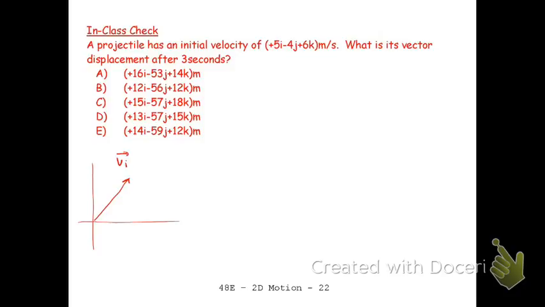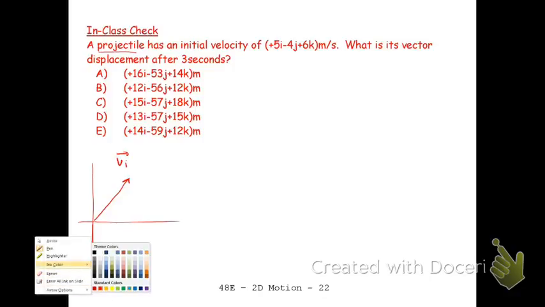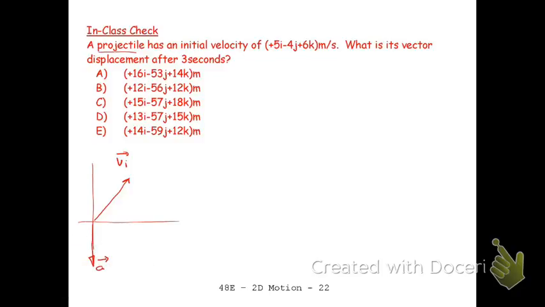And it's a projectile. So I know that I have an a. Can you see how a different coloured pen would be really nice here? I can't just click on my pen to change the colour. It's a bit annoying really, but can you see? I'm going to show you something now. If you just do that, can you see how you're much less likely to confuse those two vectors because they're in different colours from each other?